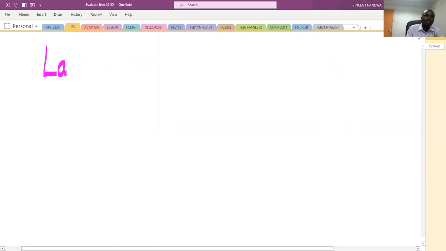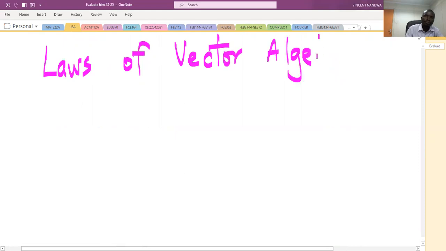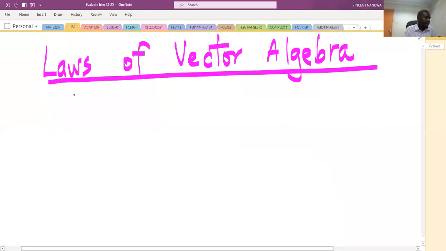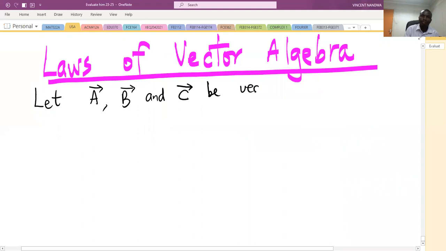So let A, B, and C be vectors, and let M and N be any real numbers, so real numbers or just scalars.